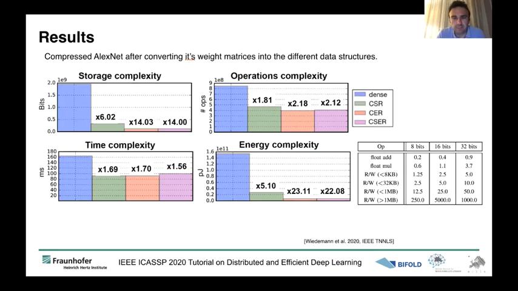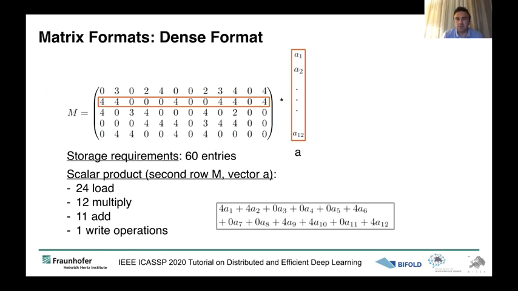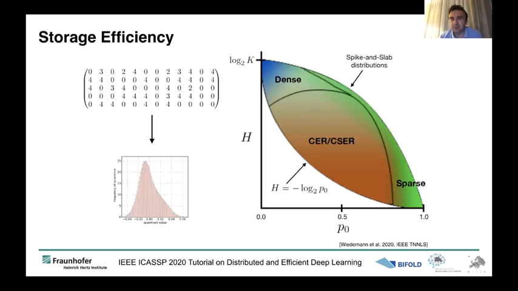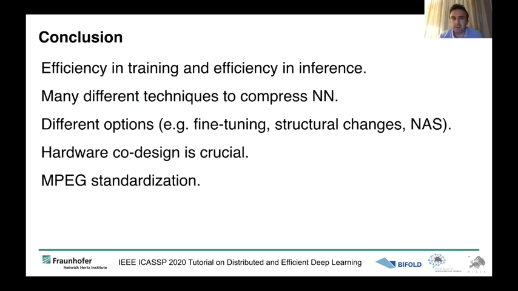And in terms of energy, we also get some good gains. Everything is lossless here, so it's just the format. It's just the way you store these matrices and the way you multiply. So you don't change, you don't quantize. Everything is quantized before, and now this is about the lossless format.